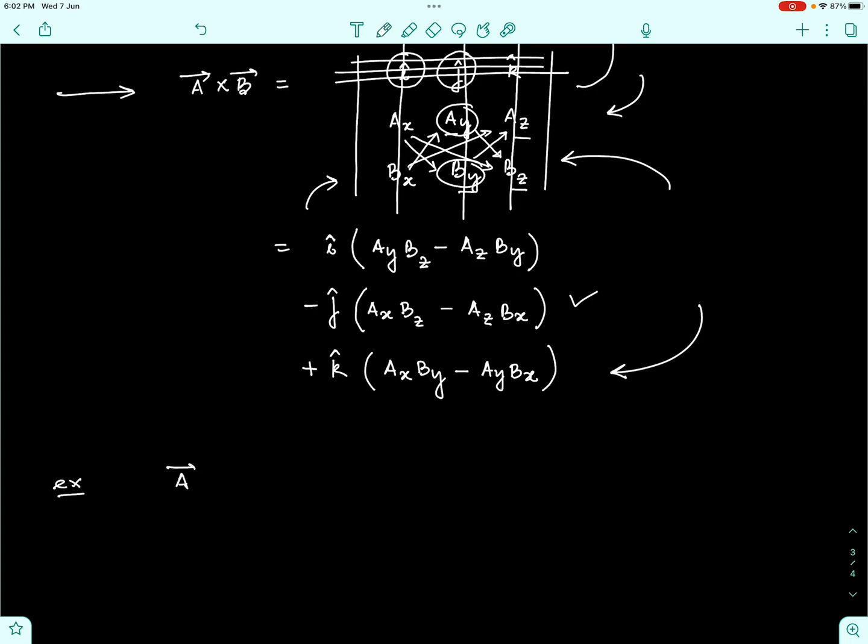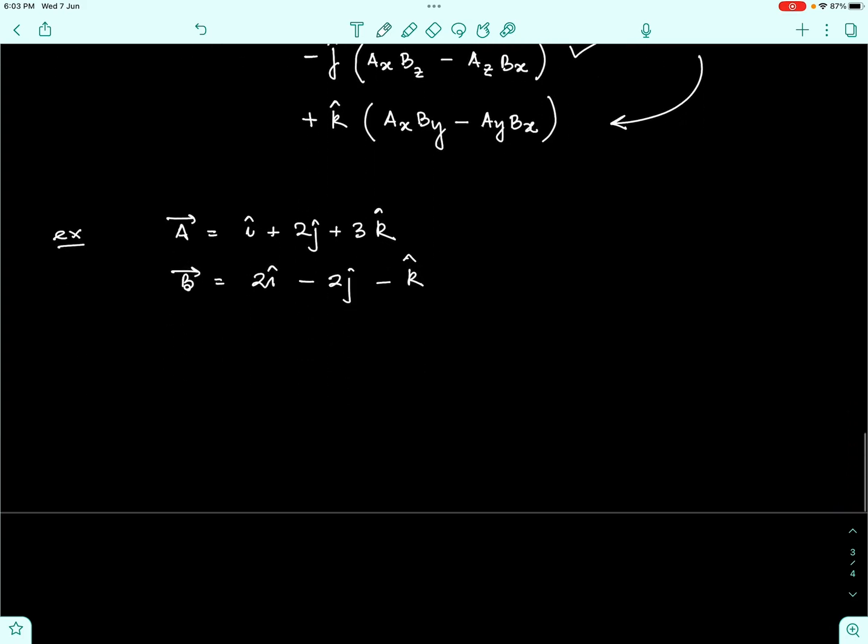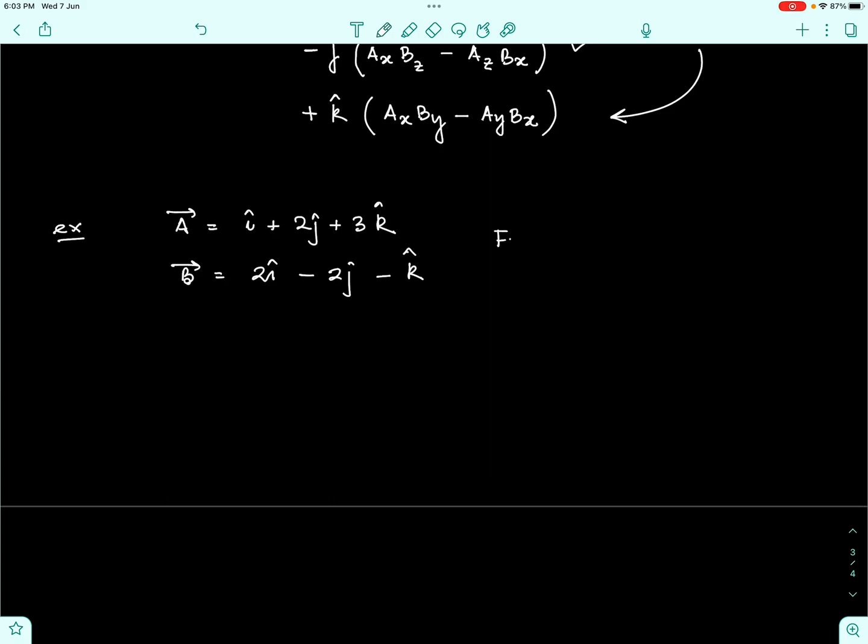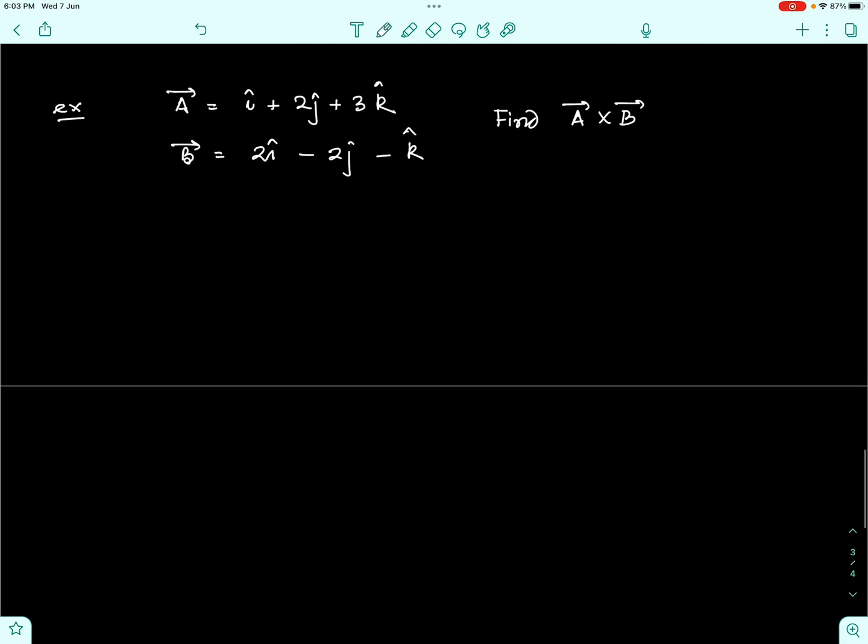Let us say vector A is given by I cap plus 2j cap plus 3k cap, and vector B is given by 2i cap minus 2j cap minus k cap. I have just taken some values for the sake of reference, and we are supposed to find the cross product, find A cross B. Now, what we do is we write the cross product in the matrix form.